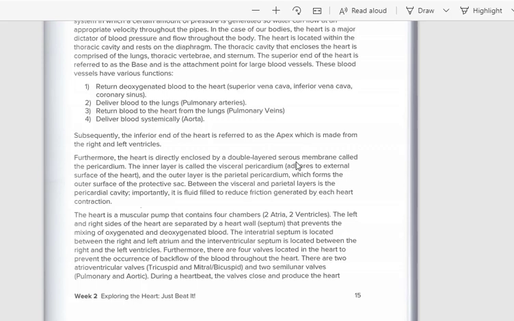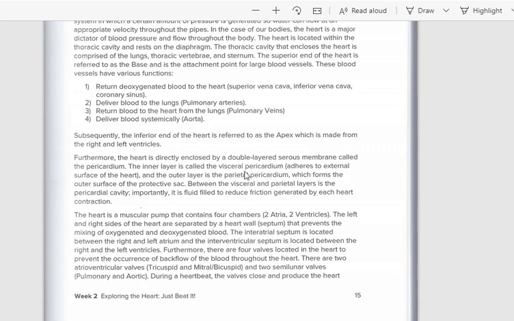If you don't have lubricant, if you don't have oil, then that piston's going to have too much friction, it's going to get too hot, and it'll seize up, and then your engine won't work anymore. So you do need fluid to reduce the friction of the heart beating. So that's the serous membrane, double layered.